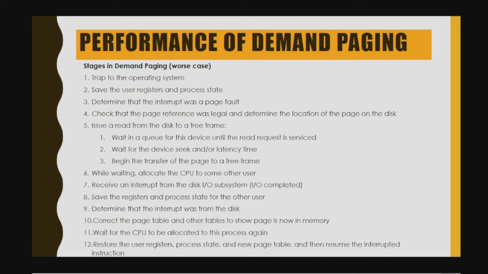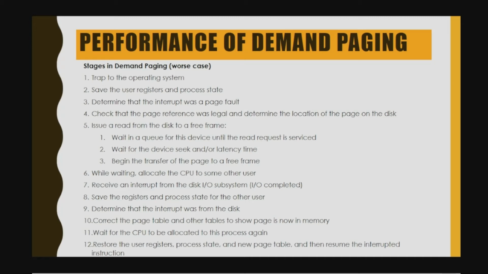Number 7, receive an interrupt from the disk input-output subsystem. Number 8, save the registers and process state for the other user, and then determine that the interrupt was from the disk. Number 10, correct the page table and other tables to show that the page is now in memory. Number 11, wait for the CPU to be allocated to this process again. And number 12, restore the user registers, process state, and the new page table, and then resume the interrupted instruction.